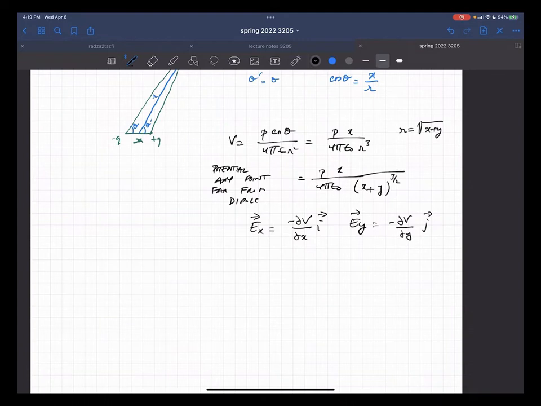And then, if you plot those, you'll get something like a bunch of field lines.